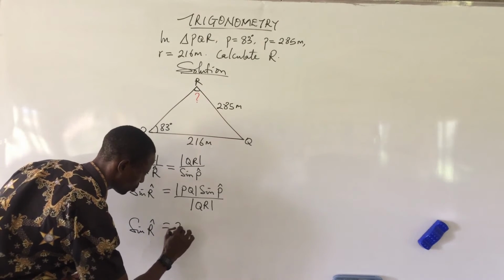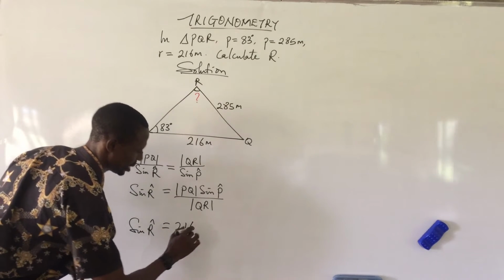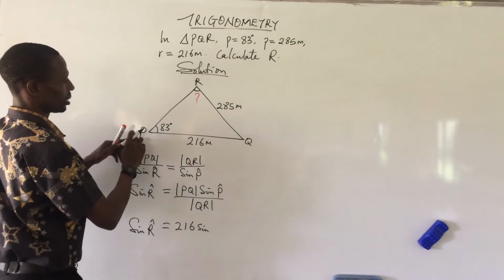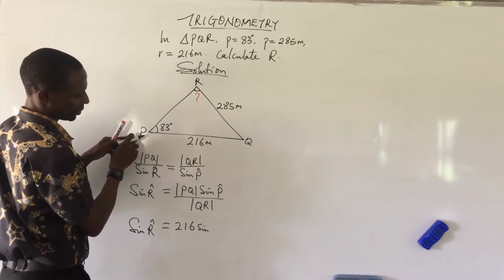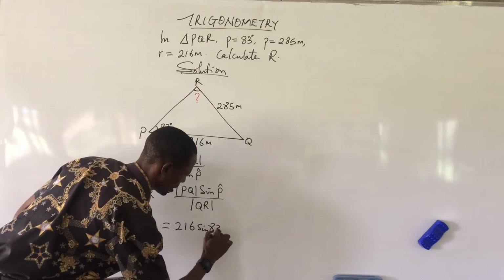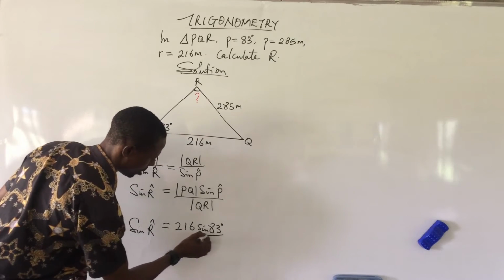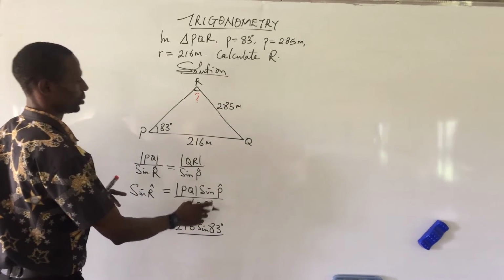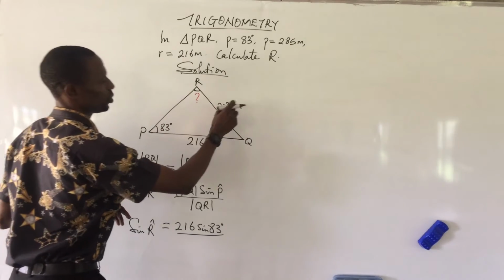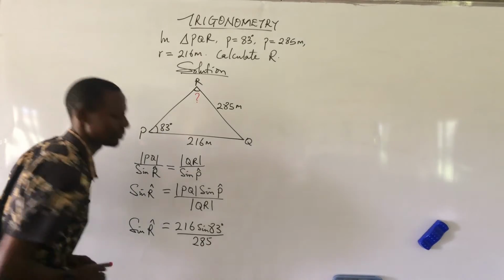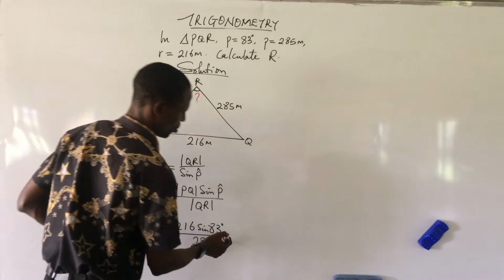So replace it with 216 sine. What is angle P? Look at P. P is 83 degrees. So we have 83 degrees all over, what is line QR? QR is 285. So we have 285.